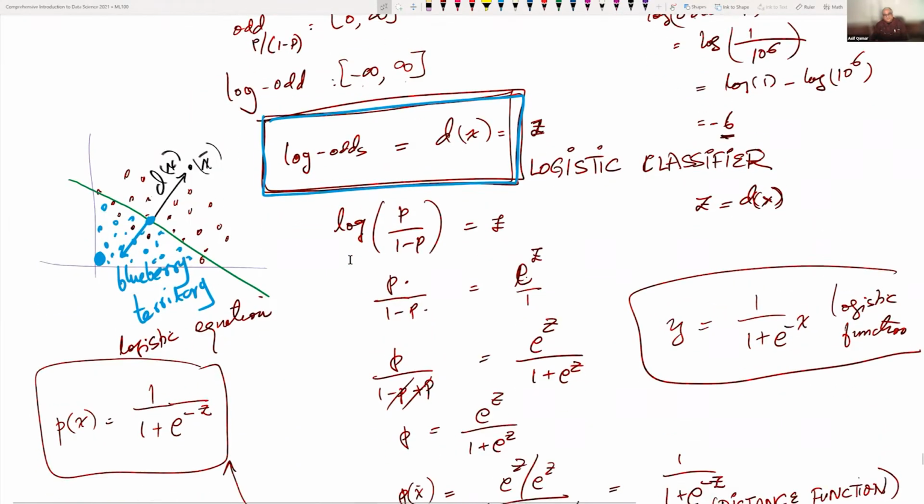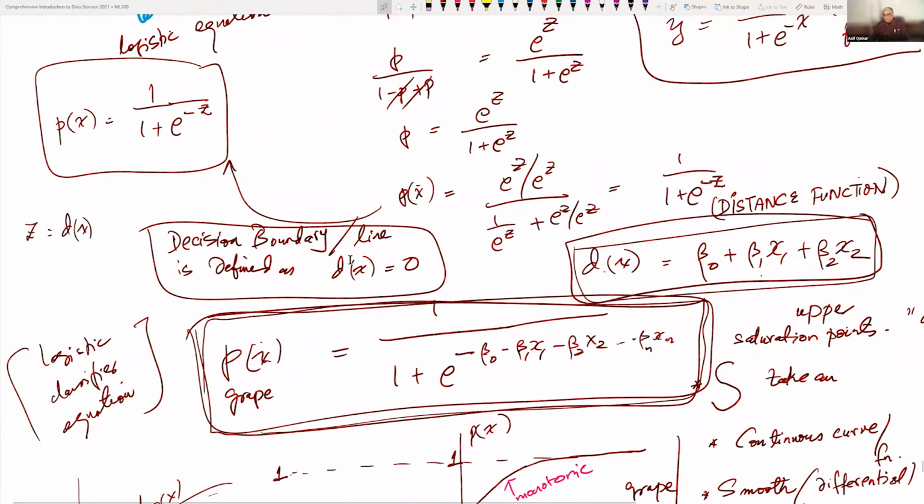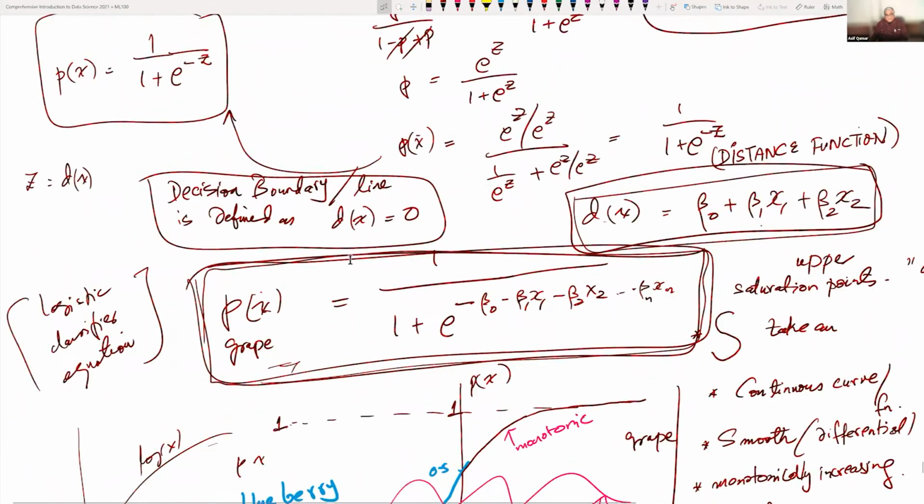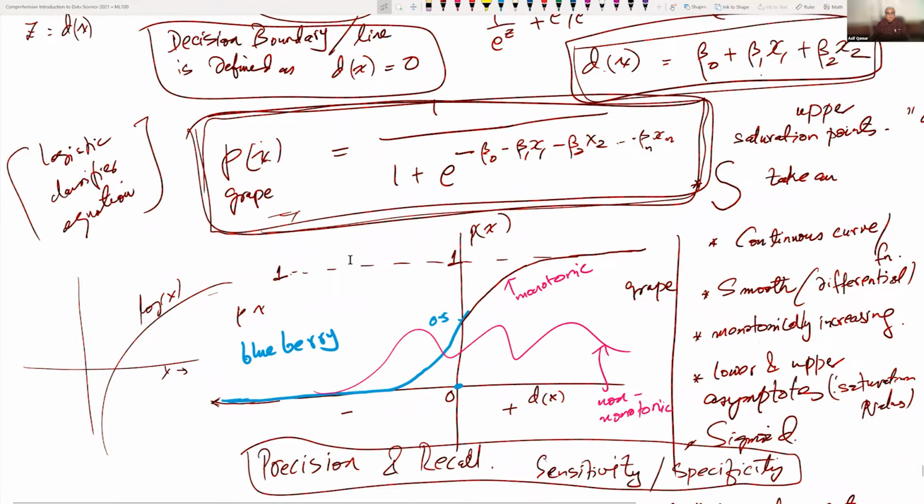It makes it look like common sense, whereas this more traditional equation, I don't know about you, but if I were to encounter this for the first time, I would be scratching my head and saying, where in the world did this come from? So anyway, that's that. So how does it look?